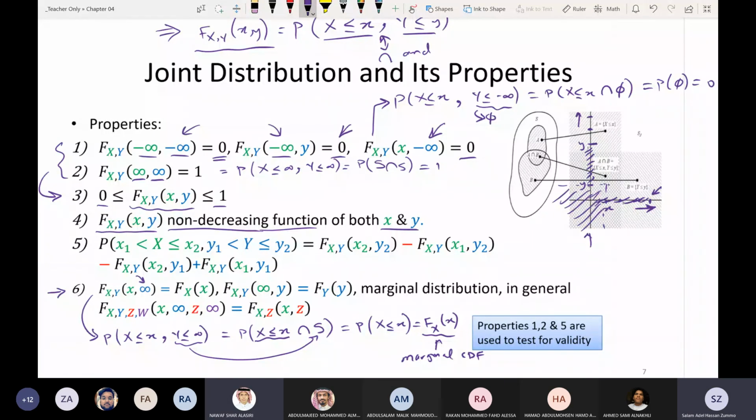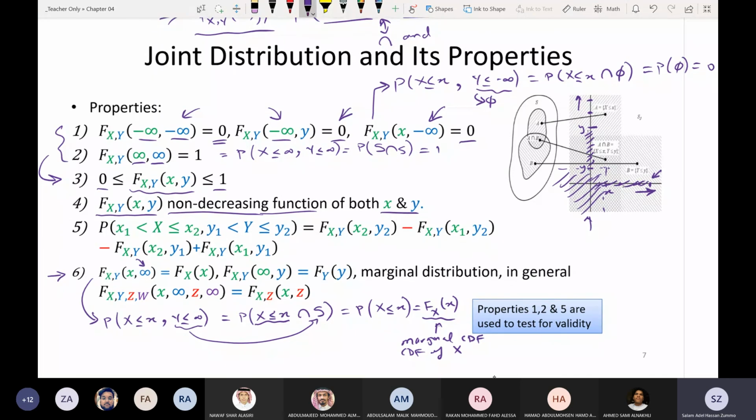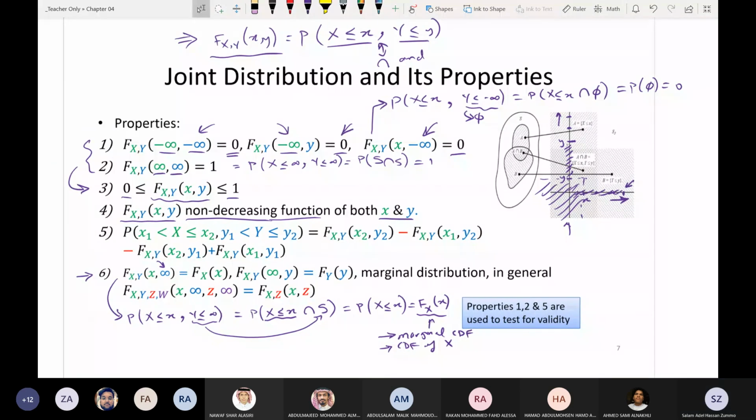This is the CDF of a single variable, the CDF of x. When we have two random variables, we call it marginal. You can call it the marginal CDF of x or the CDF of x, it's the same thing. We used to call it the CDF; but when the problem context has two random variables, we call it marginal. Similarly, is this clear?